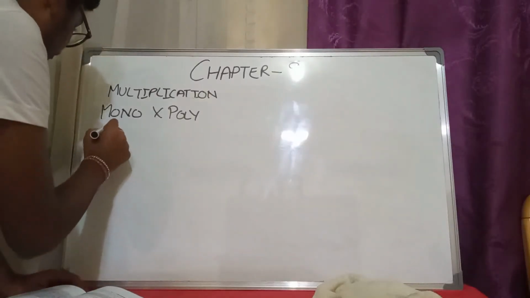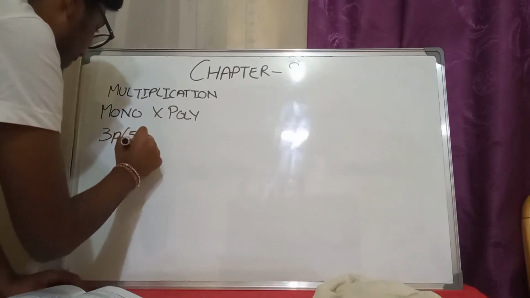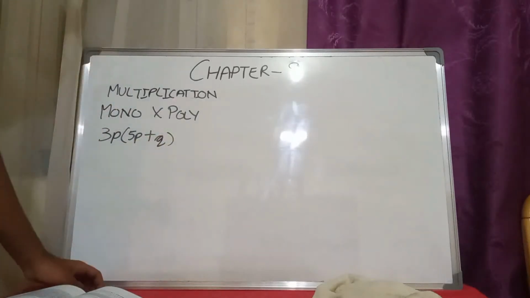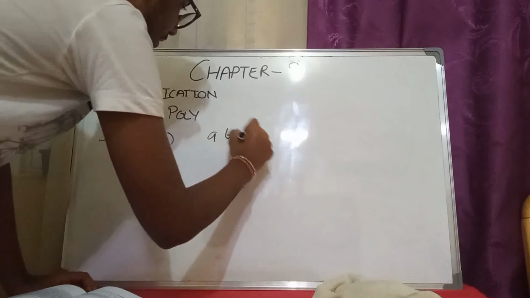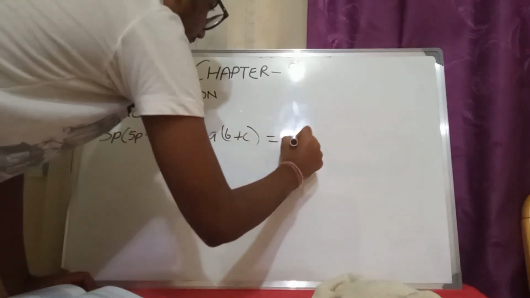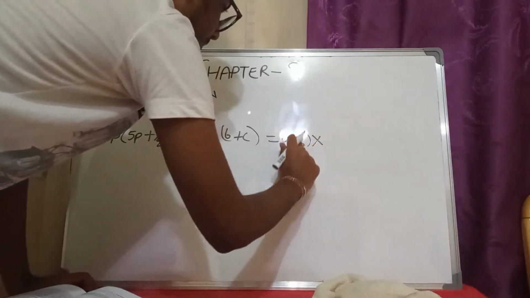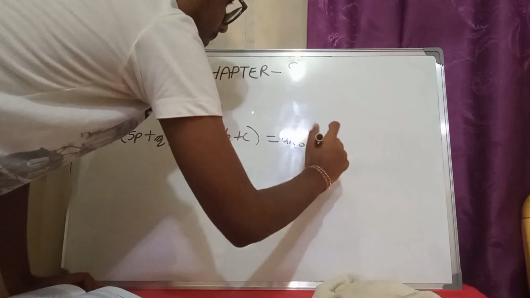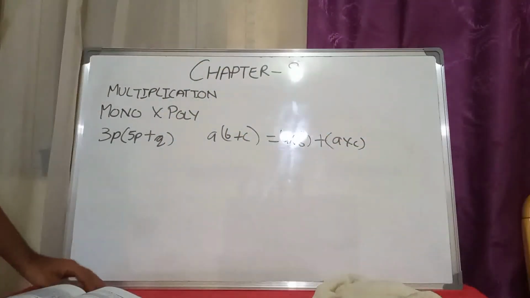Now looking at example 3p into (5p plus q). So we know what the distributive property is. It is a into (b plus c) equals a into b plus a into c. So this is the distributive property.